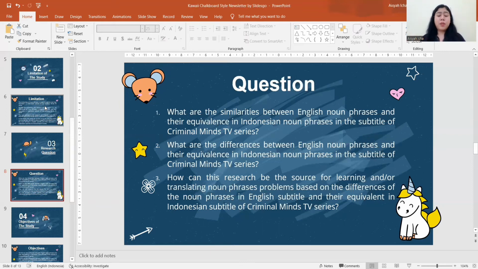First is, what are the similarities between English noun phrases and the equivalents in Indonesian noun phrases in the subtitle of Criminal Minds, and then what are the differences between English noun phrases and Indonesian in the subtitle of Criminal Minds, and then how can this research be the source for learning and or translating noun phrases problems based on the differences of the noun phrases in English subtitle and the equivalent in Indonesian subtitle on Criminal Minds TV series.